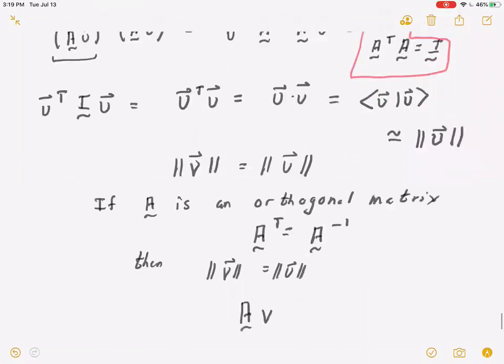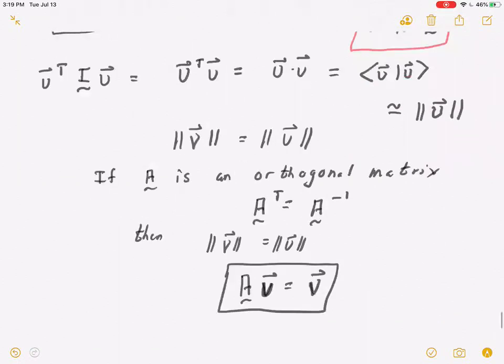A rotates u by some angle, but it doesn't change the magnitude of u. The magnitude of u is the same as the magnitude of v.